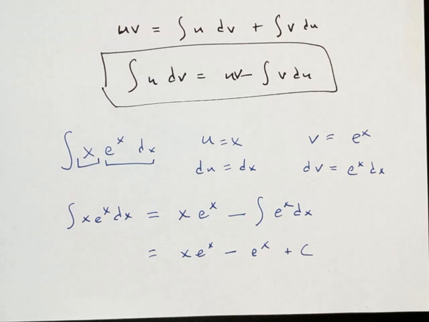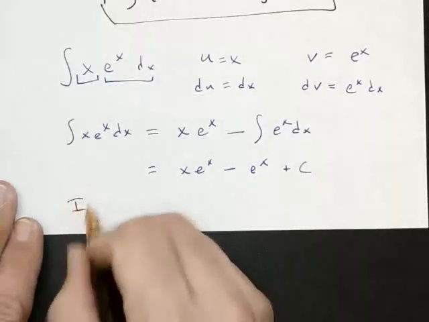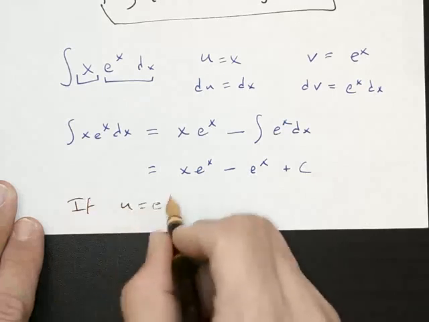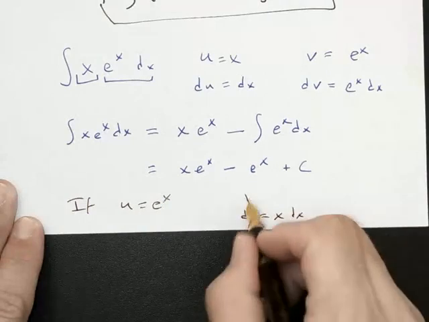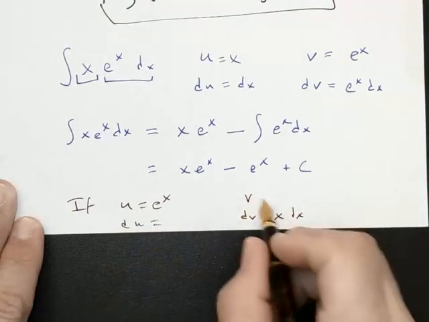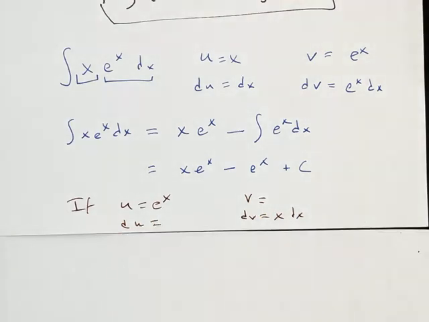I could have chosen the other way. If I had done the other choice, then what would I get for v and du?